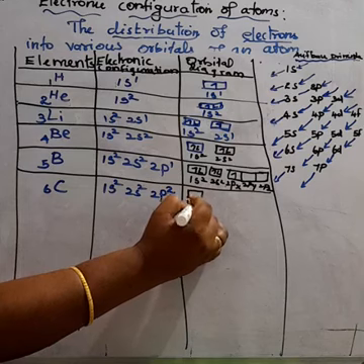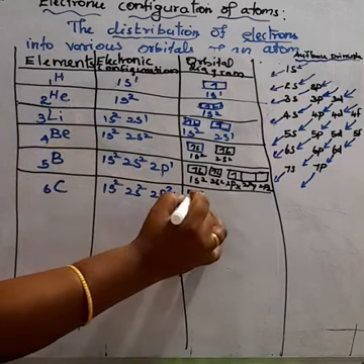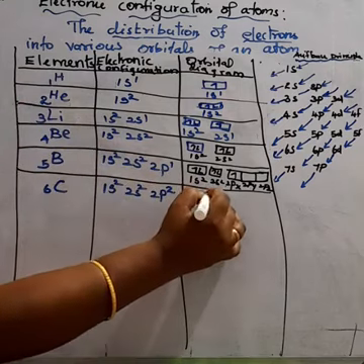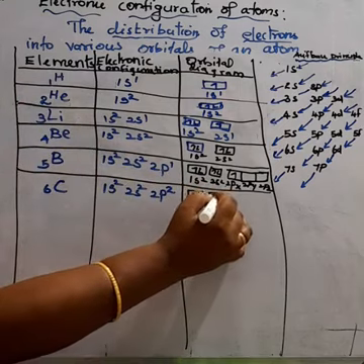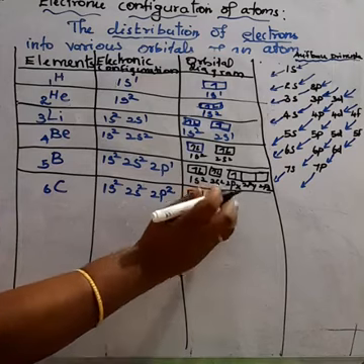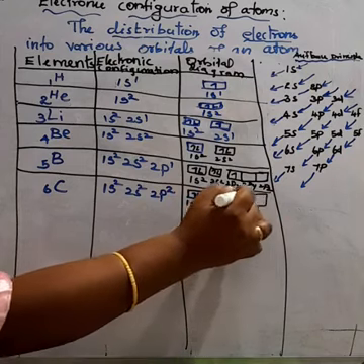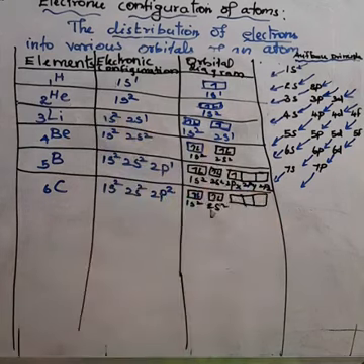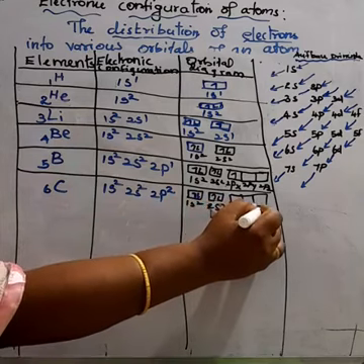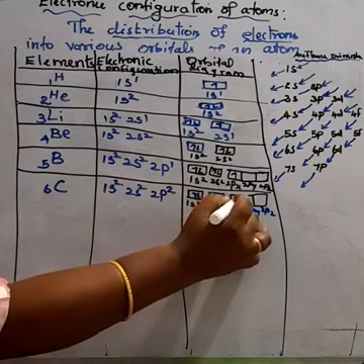First the 1s2 orbital with 2 electrons, then the 2s2 orbital with 2 electrons, and then the 2p orbital. In the p subshell there are 3 orbitals: 2px, 2py and 2pz. Here there are 2 electrons. So first electron.